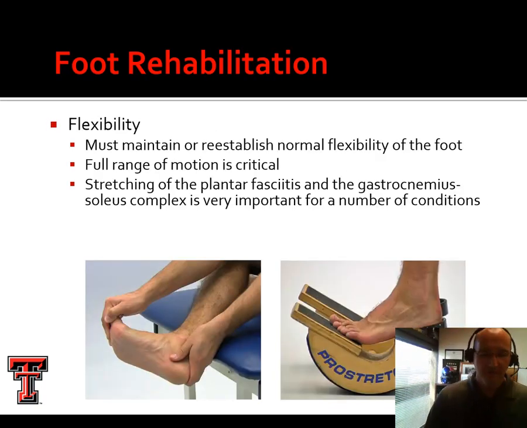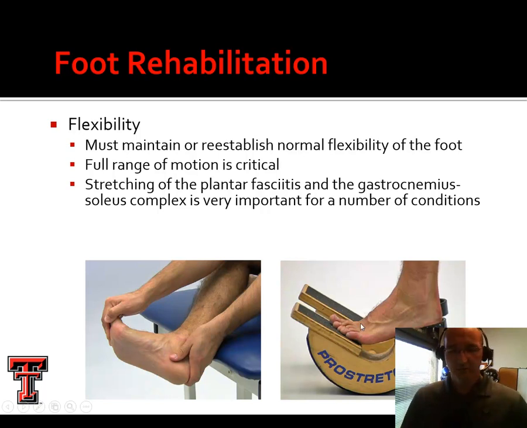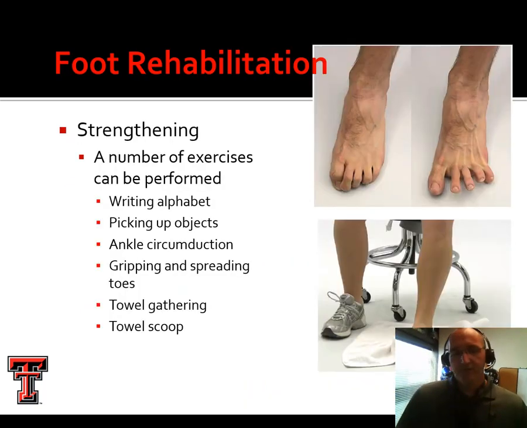Okay. Flexibility can involve just passive stretching, tools like a ProStretch that are going to put that plantar surface on stretch. The gastrocsoleus complex is also very important for normal foot motion. So flexibility exercises are key.